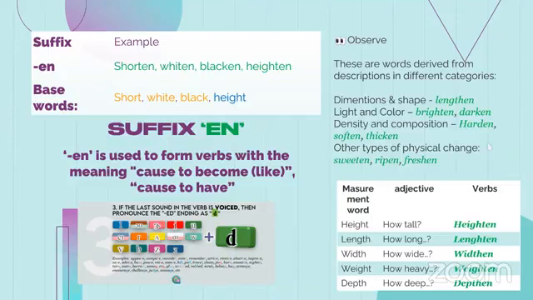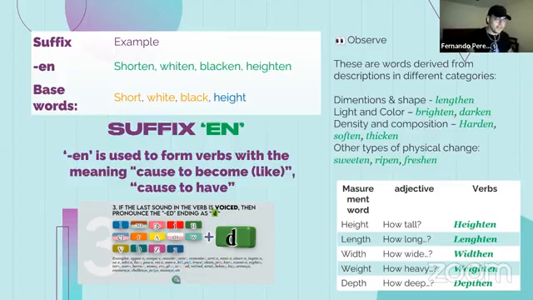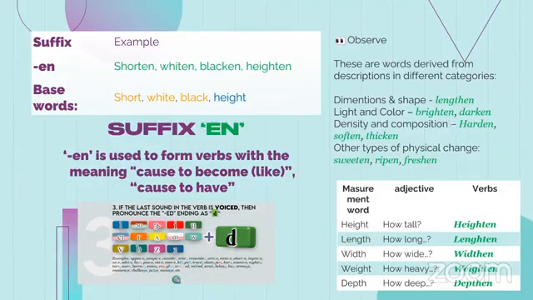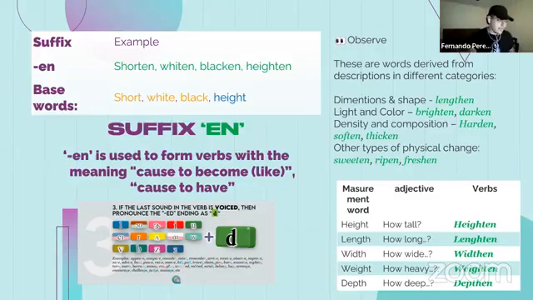Lengthen. The pronunciation here is lengthen. The first pronunciation was right. Exactly. Light and color: brighten, darken. That one is different. Bright, brighten. Like Rihanna, shine bright like a diamond.